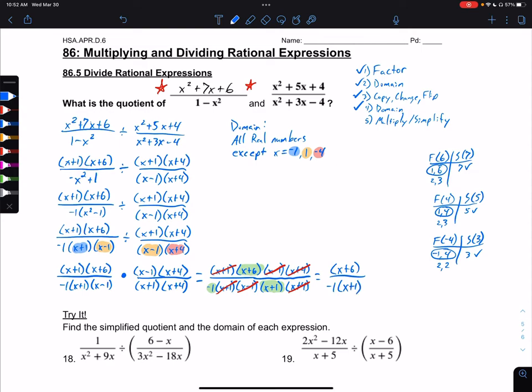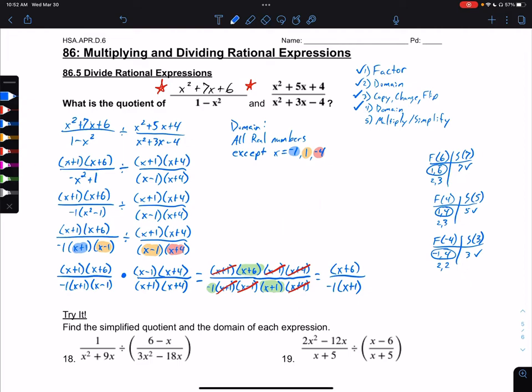Now, kind of officially, we're not done. We have simplified everything, but remember, if you have, let's say you have a fraction of 1/2, there's 3 ways to write this as a negative. You can say -1/2, -1 over 2, or 1 over -2. Right now, we're here. We want to write this with the negative in the numerator. So all I'm going to do is I'm going to take that -1.